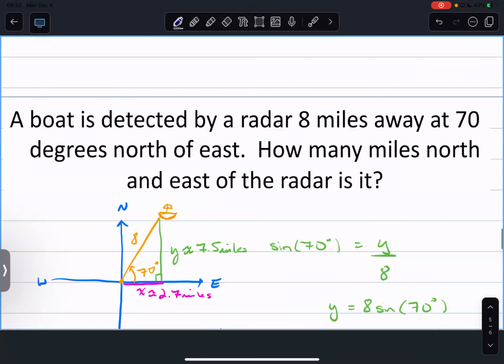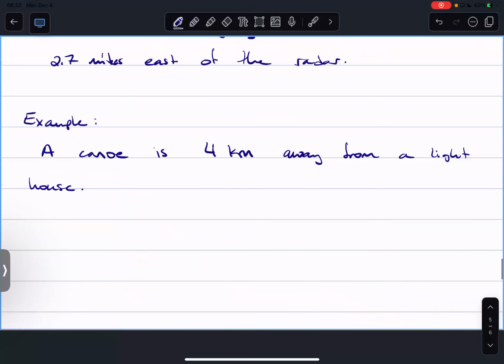What was the structure? I'm gonna go for 40 degrees south of west.